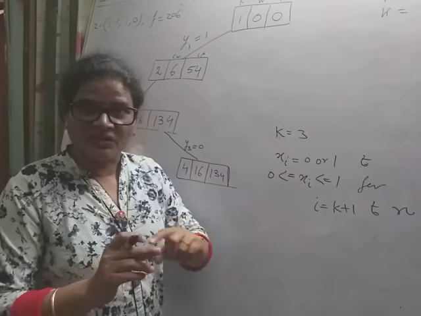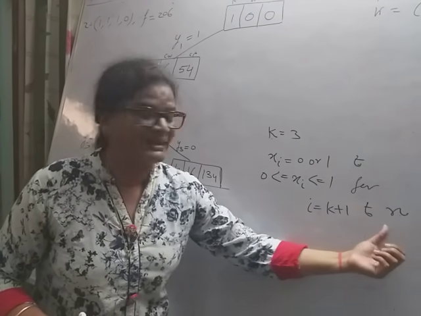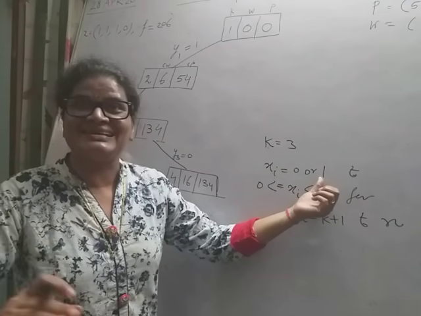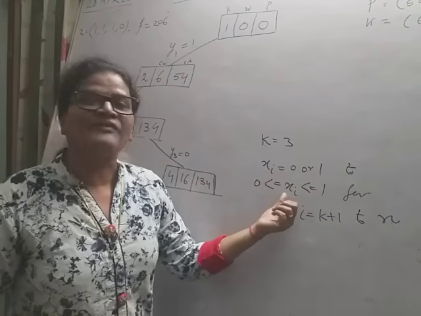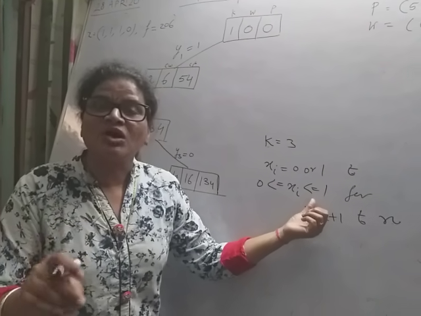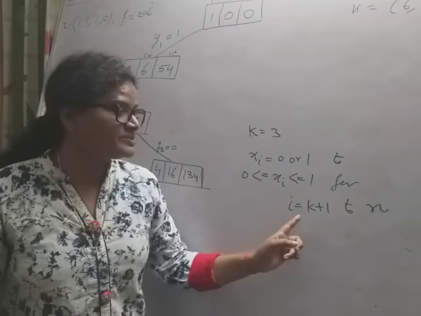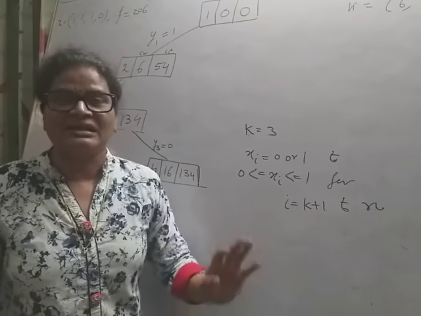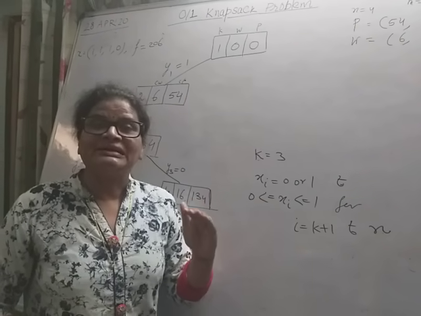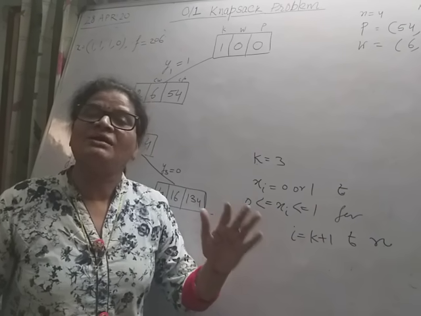So here, for the objects from k plus 1 to n, the condition of just 0 or 1 is relaxed. Fractions are also allowed, and we solve the problem using the greedy technique only for the objects from k plus 1 to n. As I have seen in part 1, the greedy technique will always give you the maximum profit.